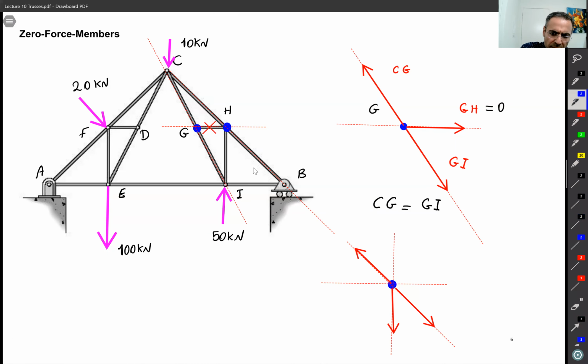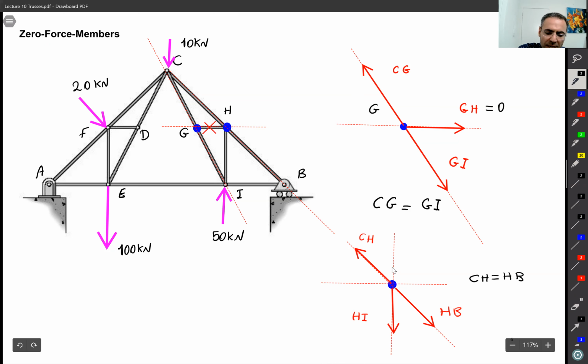So this guy then is HB. By HB, I mean the force in HB. This one is HI, and this guy is CH. Okay, with the same concept that we discussed here, this CH has to be canceled by HB. So this CH must be equal to HB because we are in static, everything has to be in equilibrium.